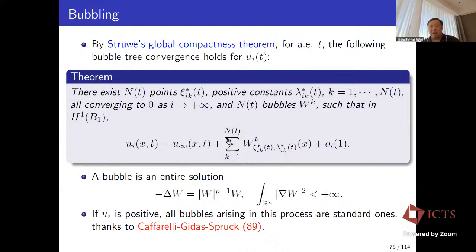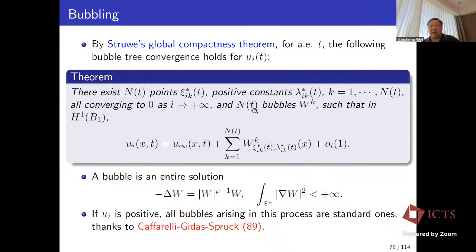So this Struwe decomposition says u can be decomposed into a regular part u infinity plus N(t) of these bubbles, and the little o(1) is small in the H1 norm.